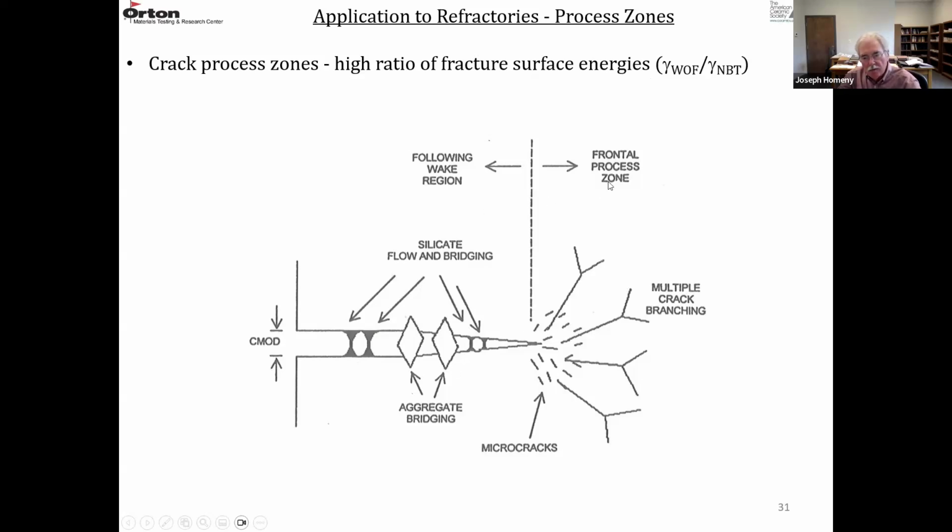So the frontal process zone again is in this portion, right at the crack tip where the stress is intensified. You generate microcracks, they link and form longer cracks, and then they start to branch. In the crack wake, you have bridging of aggregates, and at high temperature, you have bridging of silicates, very viscous glasses.